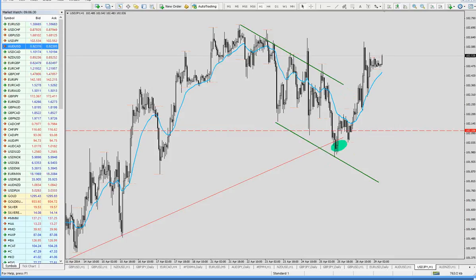What happened since then? Looks like we have a bullish flag continuation pattern. Looks like we broke out yesterday. We made a pullback, and within the same US session, that was quick, fast.